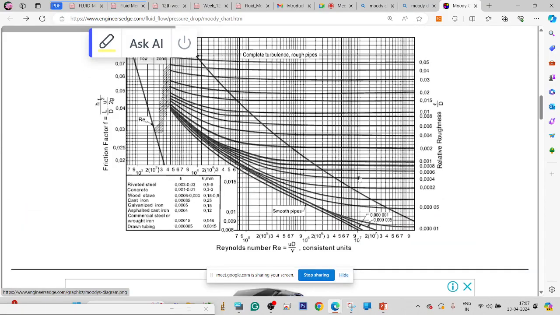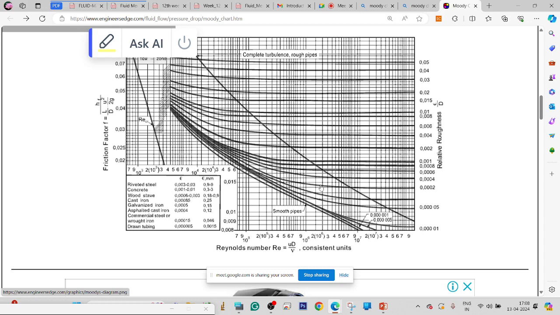So this is the Moody's chart. What are the values for us? The Reynolds number is 3.7, almost 4 times 10 to the power 4. And epsilon by d we have also calculated: epsilon by d is 0.001.